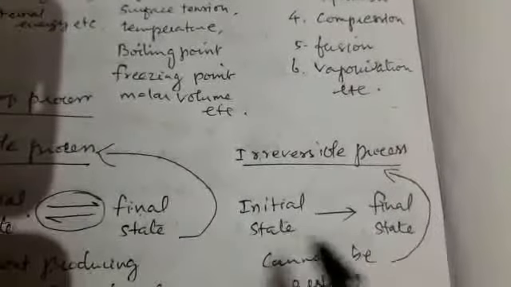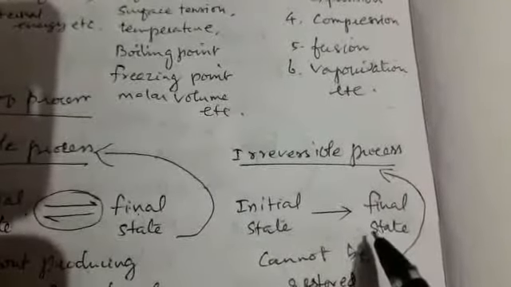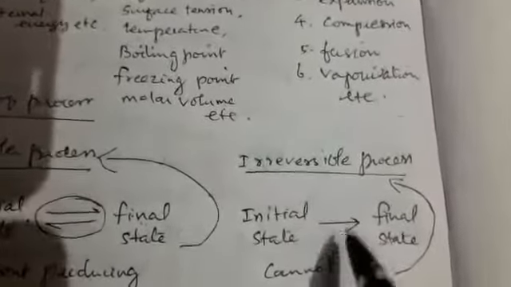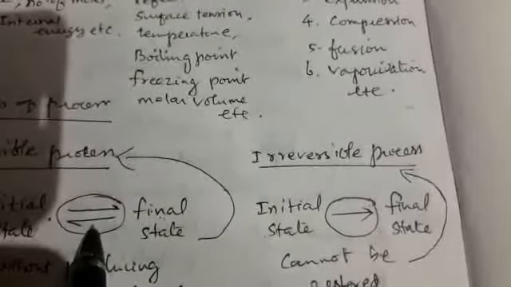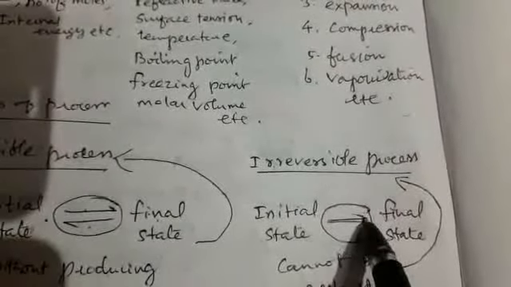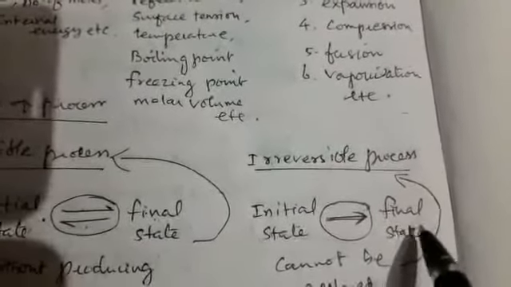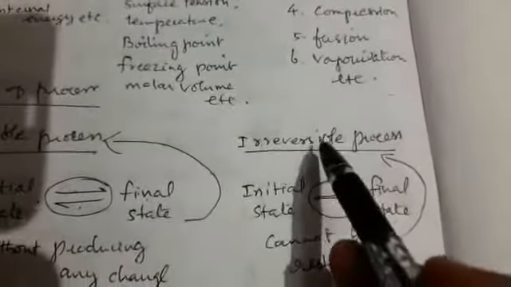All the processes occurring in nature are irreversible processes. System and surroundings are not in equilibrium. Equilibrium means forward and backward. Not in equilibrium means it only goes initial to final, and does not come back from final to initial. That is called an irreversible process.